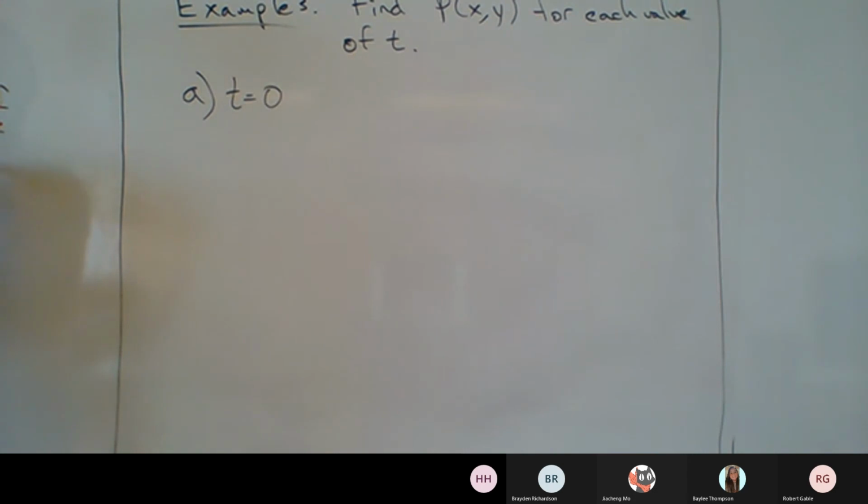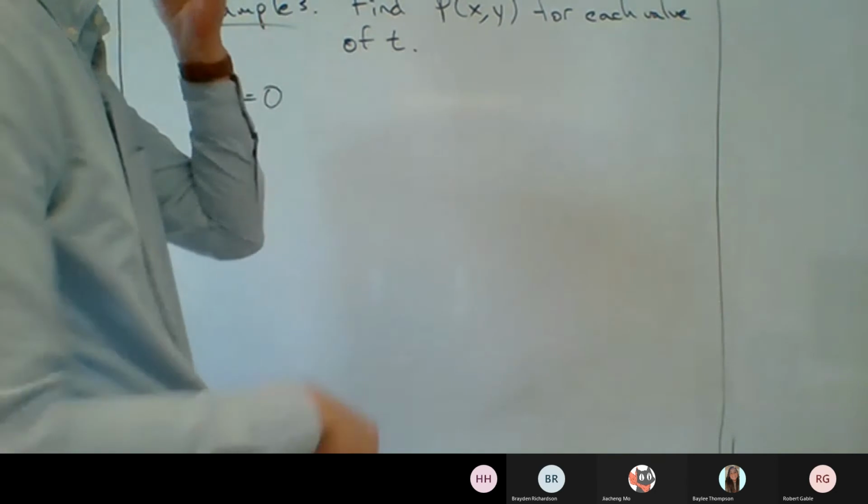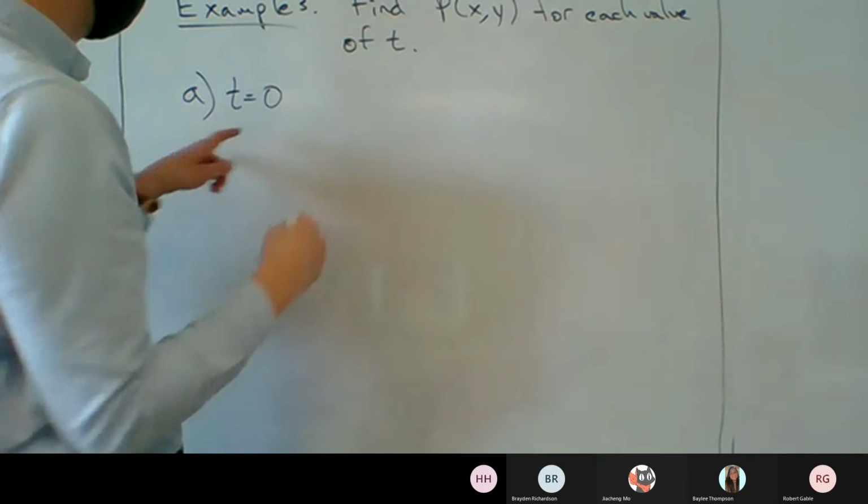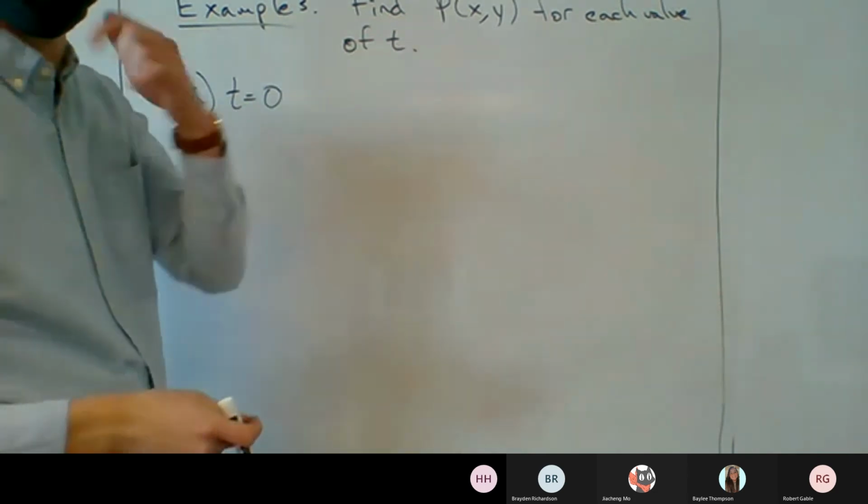Just give me a second. Okay, I won't have to keep opening this, at least for this example. All right, so we're going to find the terminal point that t ends at for each value of t that I give here. So I'm looking for a coordinate point.